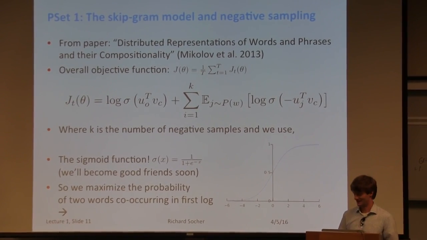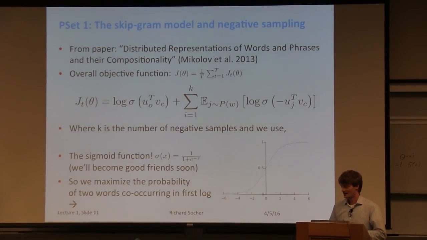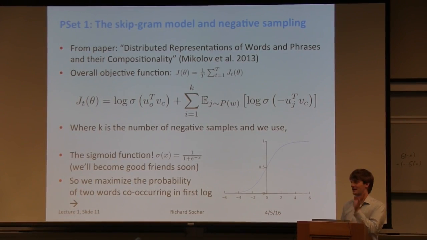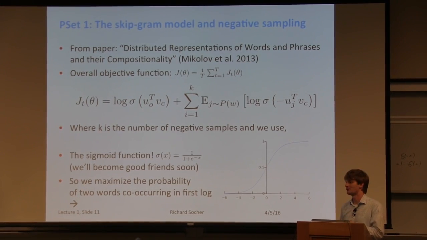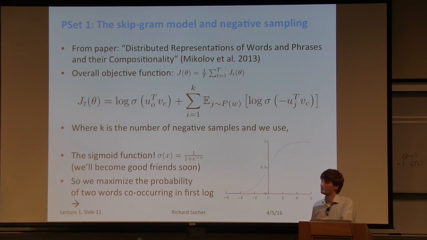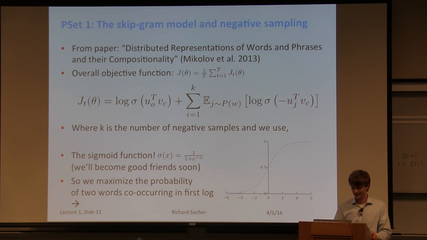Yes? Is there a rule of thumb for the number of negative samples to use? There is, and I will show you in a couple of slides at what point it becomes not as useful anymore to go above. But usually 20 or so is a good number. Do we fix the random negative samples on every iteration, or throughout the whole batch of the update?